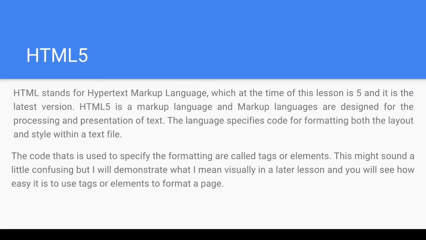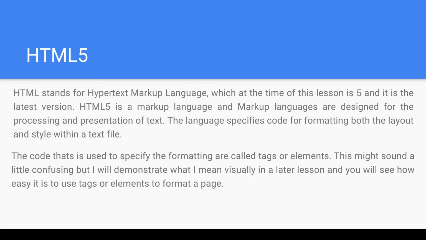The language specifies code for formatting both the layout and style within a text file. The code that is used to specify the formatting are called tags or elements. This might sound a little confusing, but I will demonstrate what I mean visually in a later lesson, and you will see how easy it is to use tags or elements to format a page.